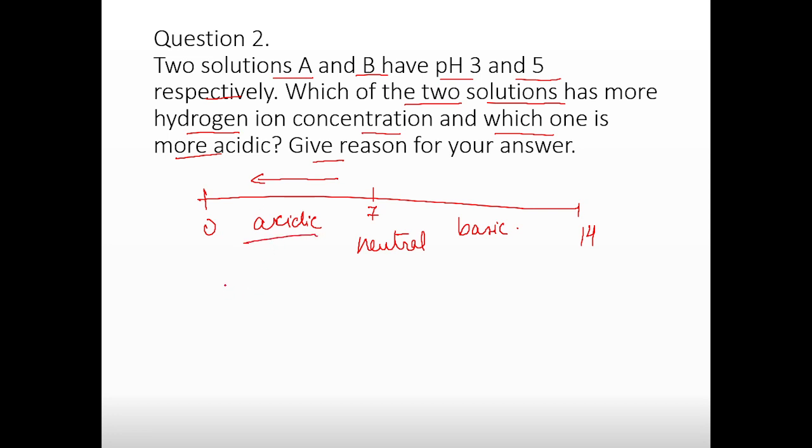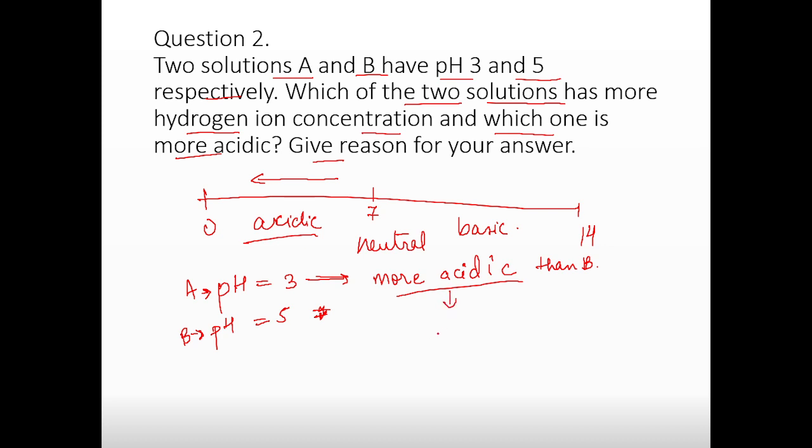So whenever you say pH of 3 and pH of 5, you'll find out of these two, this is more acidic as compared to the second one. That is, this is for A and this is for B. So A will be more acidic than B.